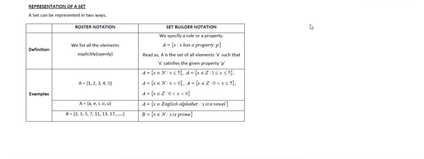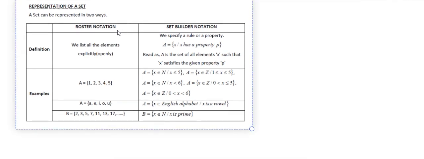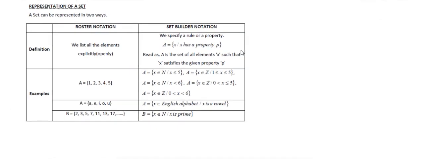See, next we shall see the representation of a set. We are naming two representations. One is roster representation and the other one is set builder representation. Roster representation means it's very, very clear. They won't give you any task. They will list out the elements like this.